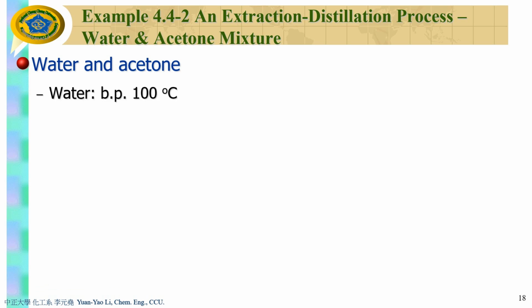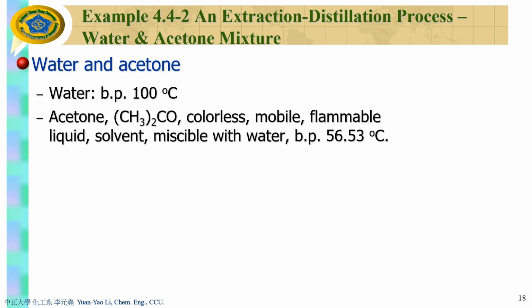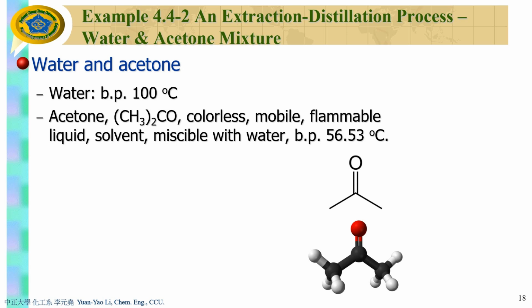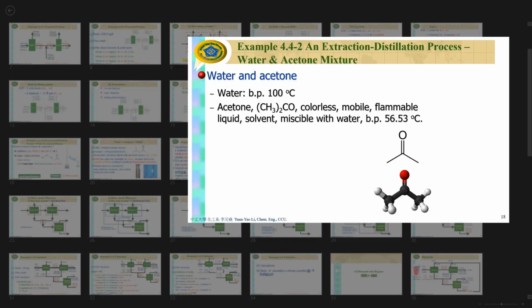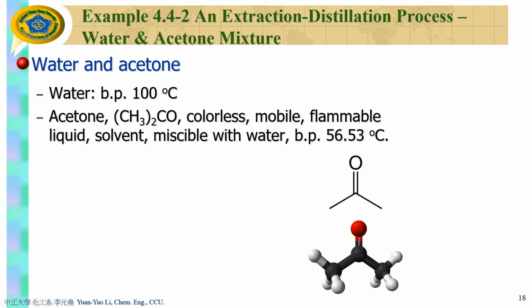But unfortunately, for this water and acetone, the boiling points are too close. For example, acetone has a boiling point of 56.53. You cannot separate these two by distillation so well. So this is the molecular structure of acetone.